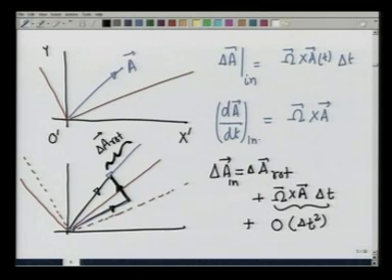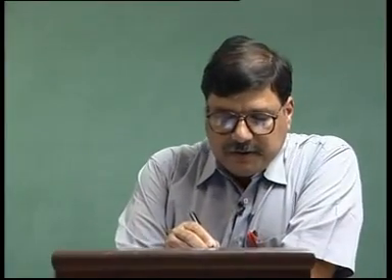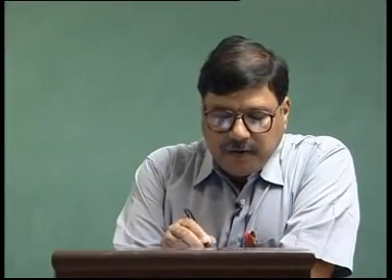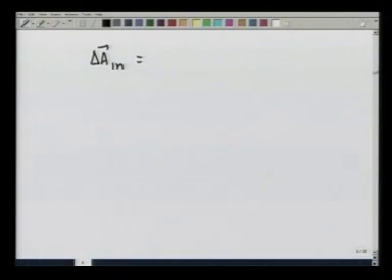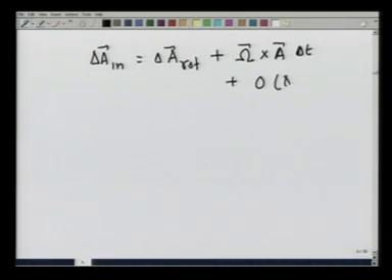So, to linear order, these first two terms are the change, and therefore delta A inertial is equal to delta A as observed in the rotating frame plus omega cross A delta t, plus terms of the order of delta t square.